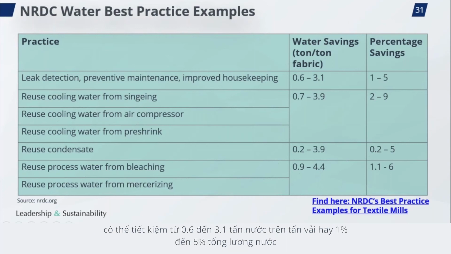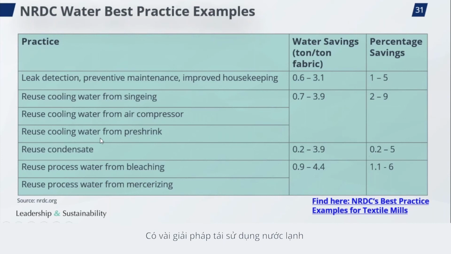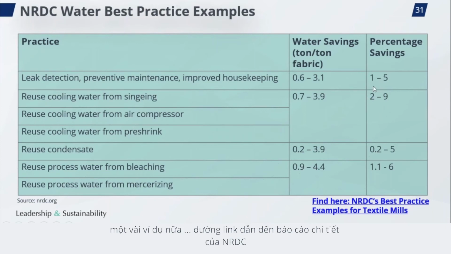And you see here the example of being able to save 0.6 to 3.1 tons of water per ton of fabric, which would mean 1 to 5% of savings in total. And then we have several categories of reusing cooling water. And here you have the potential percentage savings of 2 to 9%. And there are several other examples here, as you can see.